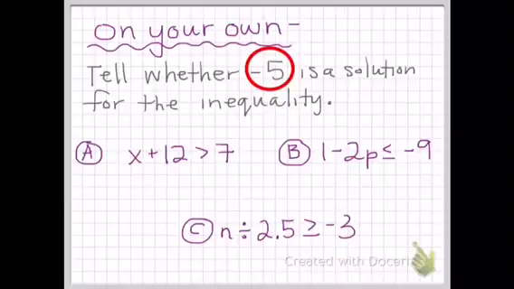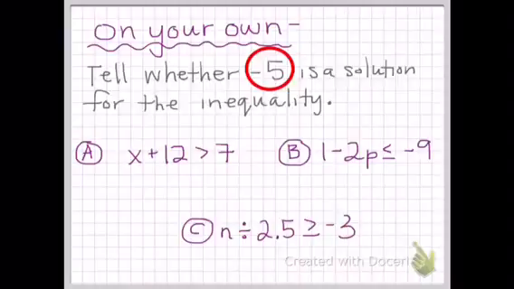So you're going to do A, B, and C. And you are going to substitute that negative 5 into each inequality. If it is a solution, remember the steps. Write the inequality, substitute, and simplify. Write, substitute, simplify. It's a mouthful. Okay, go ahead and try it, and then check back with me for your answers.